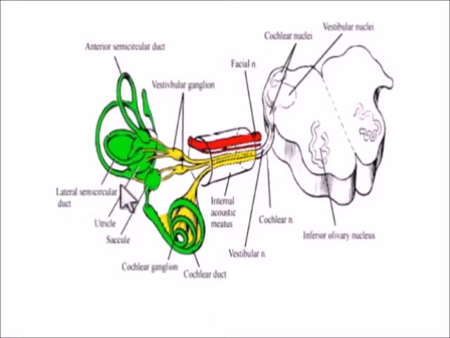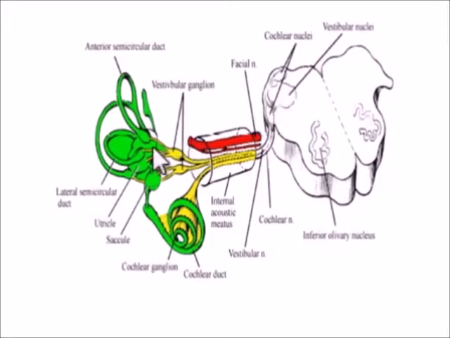It also contains the utricle and saccule, and fibers that arise from the vestibular apparatus first form the vestibular ganglia, and from this ganglia the vestibular nerve enters the internal acoustic canal, and then ends up in the vestibular nuclei.